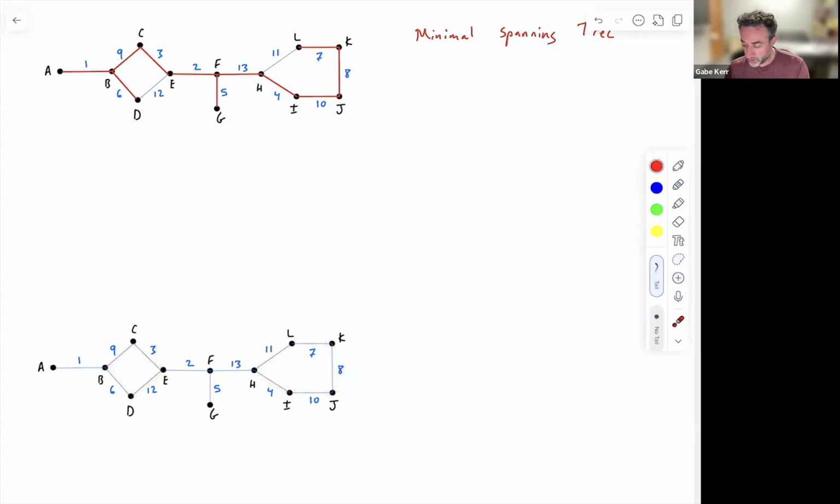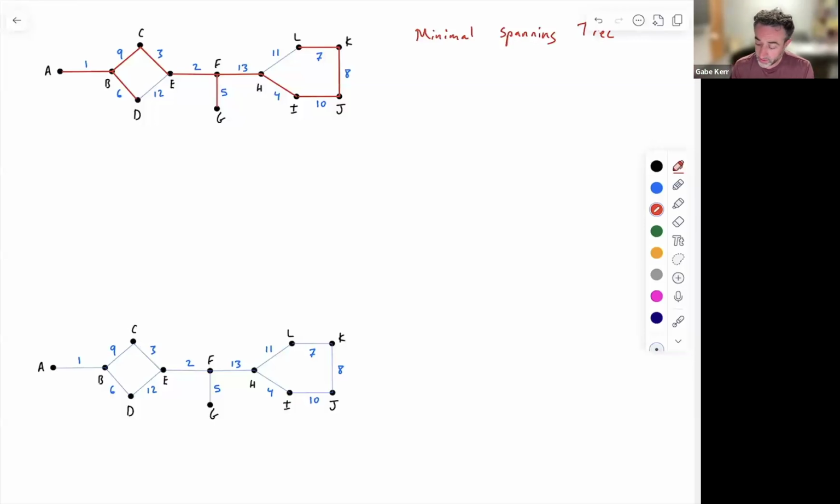However, what happens when we eliminate an edge from a graph if we're counting the total weight? Well, we decrease the total weight of the graph by the weight of that edge that we're eliminating.